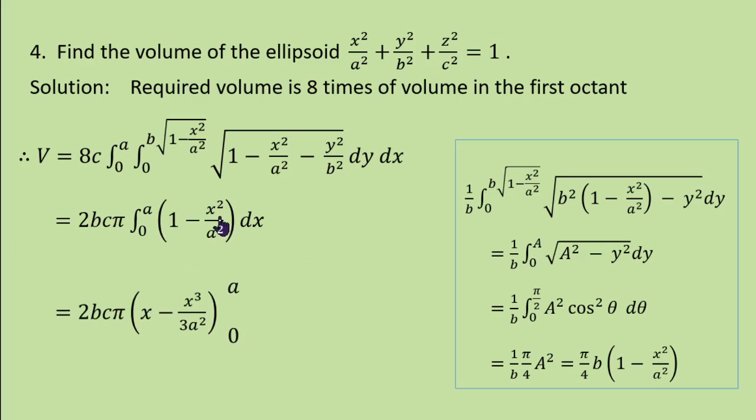Integral of 1 is x, integral of x square is x cube by 3, and hence it is x minus x cube by 3a square. Limit of x is from 0 to a. Upper limit of x is a, means a minus a cube by 3a square is a by 3. A minus a by 3 is 2a by 3. 2 into 2, 4, a b c by 3 into pi. Therefore, 4 pi abc by 3. So, this is the required volume of this ellipsoid.